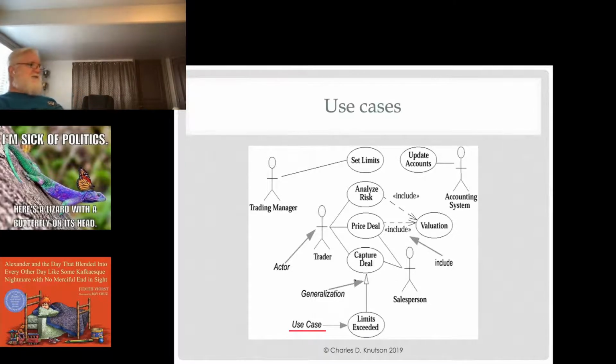Okay. Anyway, notice that we identify individual use cases like limit exceeded. We identify individual actors, and then you see the various chunks. Those are the use cases right there.